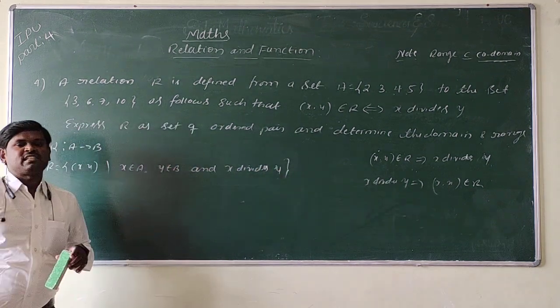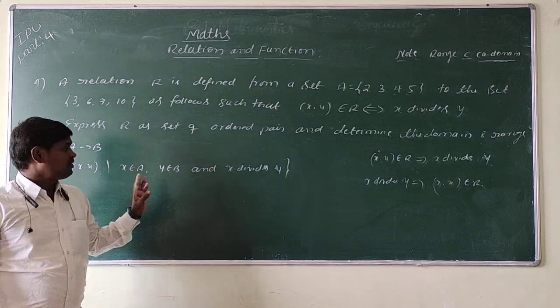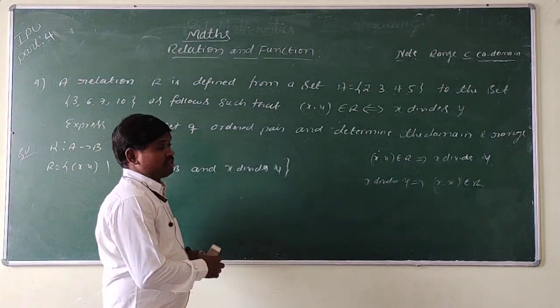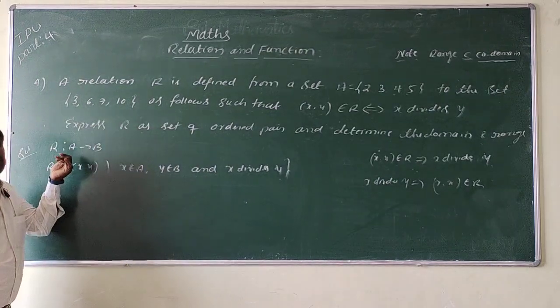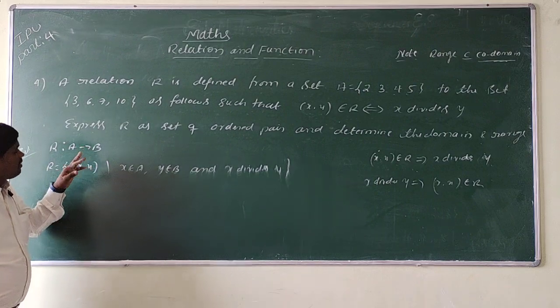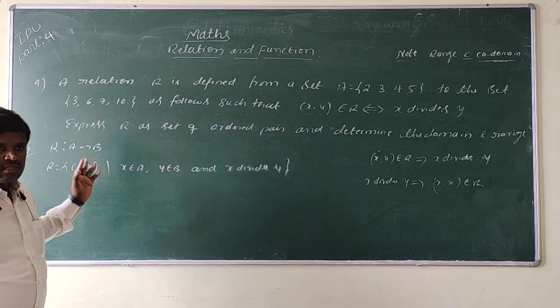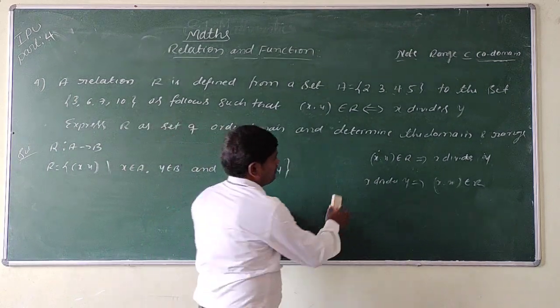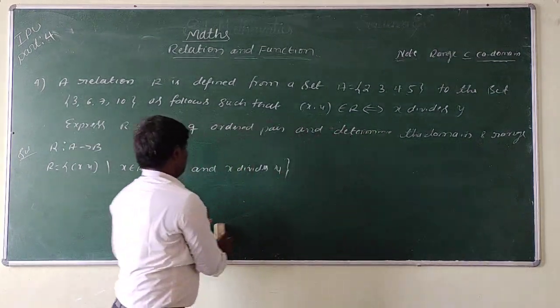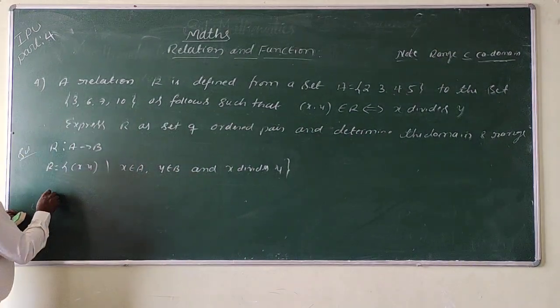That means the first element divides the second element. A to B is different from B to A, so we observe A to B.